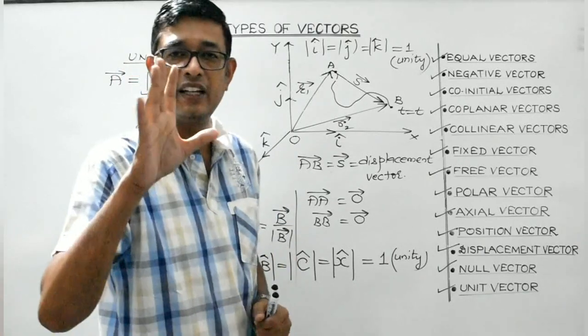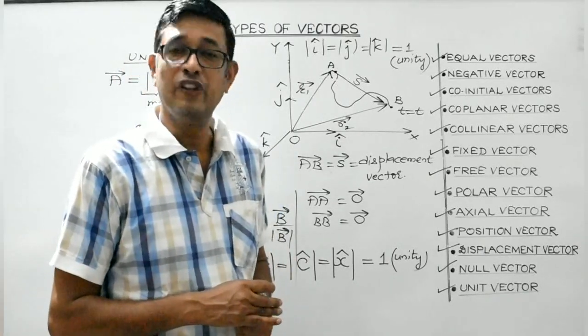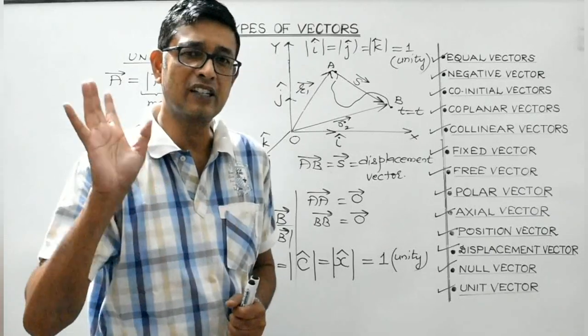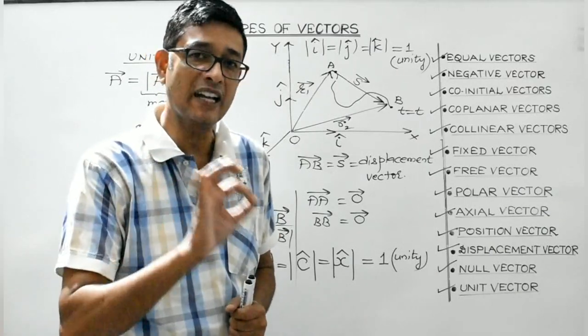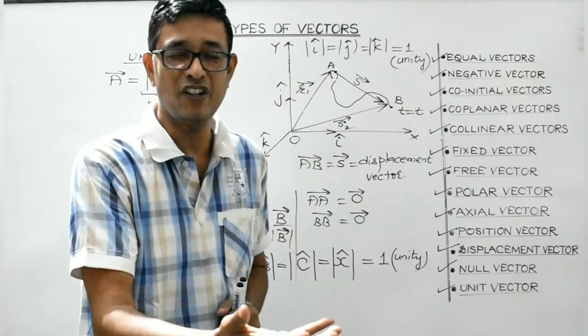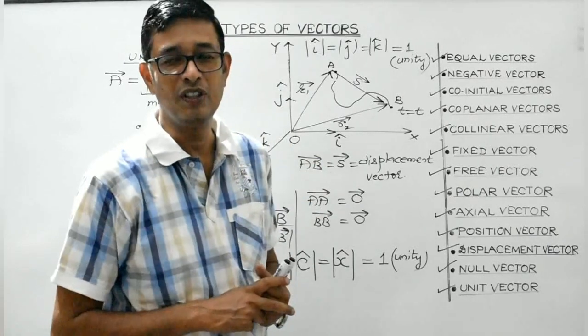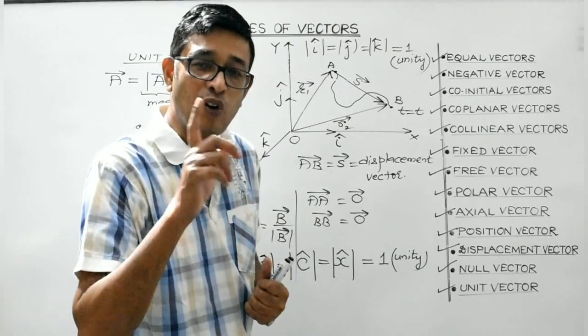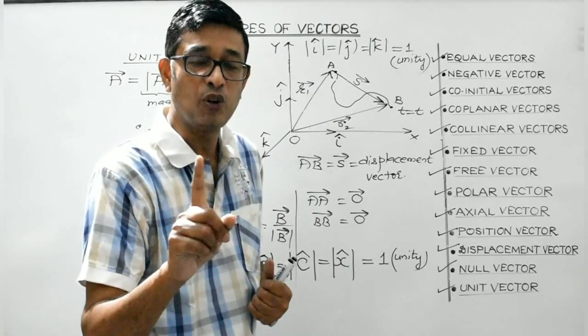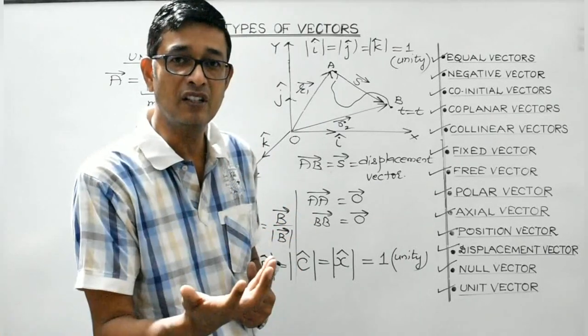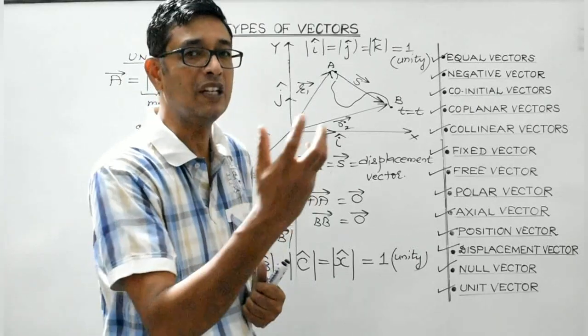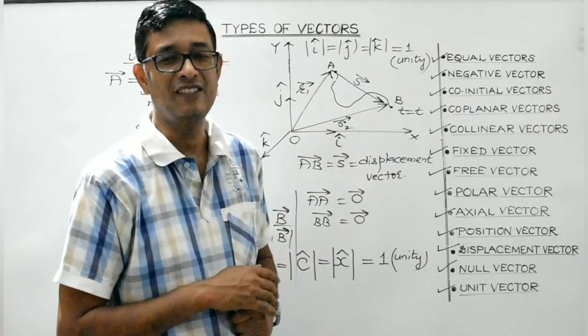And students, one more thing I would like to share. We are aware that all vector quantities must possess magnitude as well as direction. But the vice versa may or may not be true. What I mean to say is that all those quantities which possess both magnitude and direction may or may not be a vector quantity.